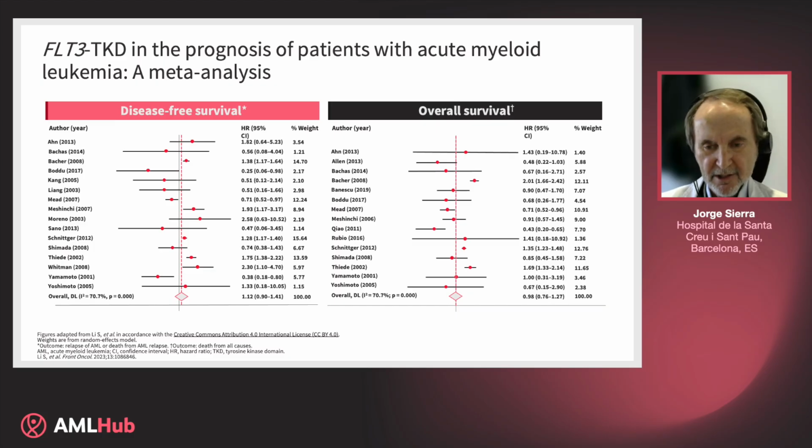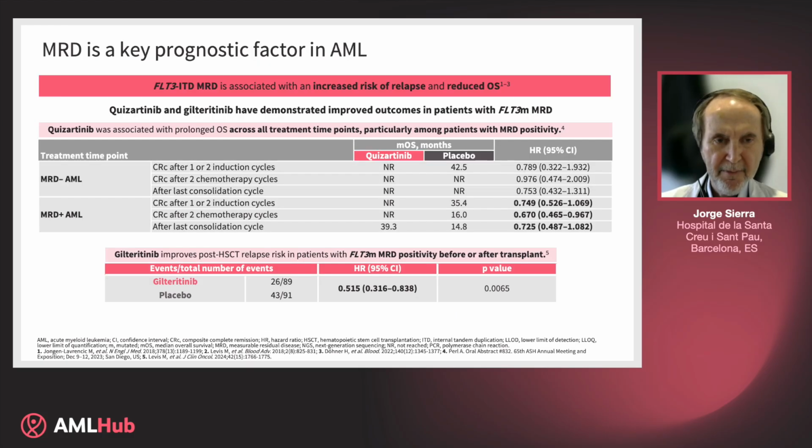As mentioned before, MRD is a key prognostic factor in AML, and more and more it is necessary to study this mutation by NGS because it is associated with high risk of relapse and reduced overall survival. And in patients with MRD, both quizartinib and gilteritinib have demonstrated that they may improve the prognosis of these patients.